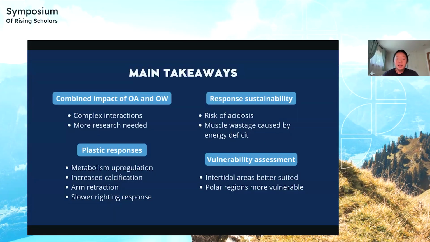However, the response sustainability showed that there was a risk of acidosis in the brittle stars and muscle wastage as well, which was caused by an energy deficit. In the vulnerability assessment, I concluded that intertidal areas were better suited to acclimate to future ocean conditions, and polar regions were more vulnerable to OA and OW.